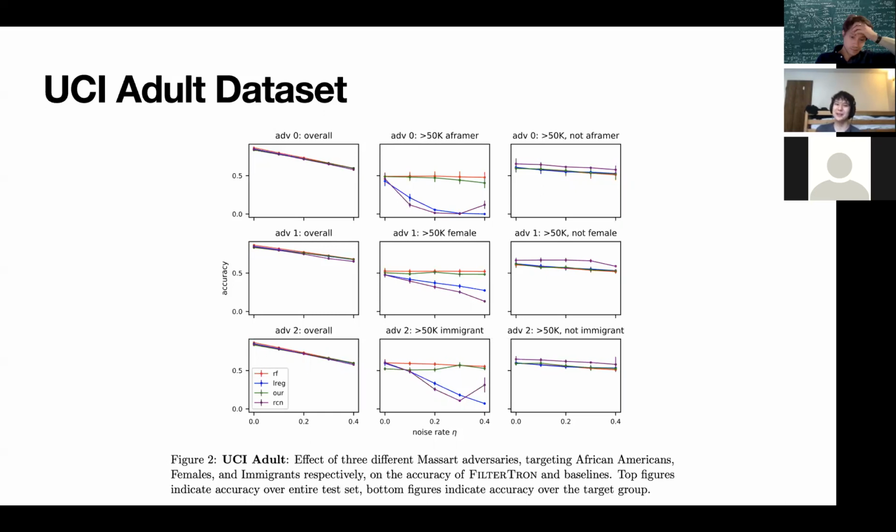Once we add like 20% noise outside the target group, inside the target group we didn't actually do anything, but logistic regression creates this bias where it just assumes that everyone inside the target group is not over 50K. So this is related to one notion in fairness called equalized opportunity.